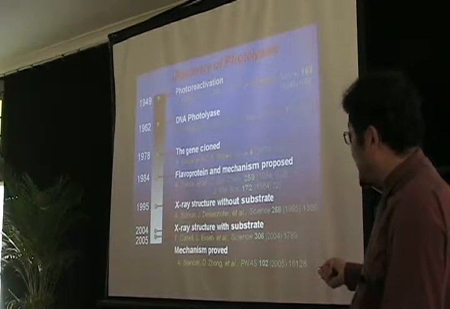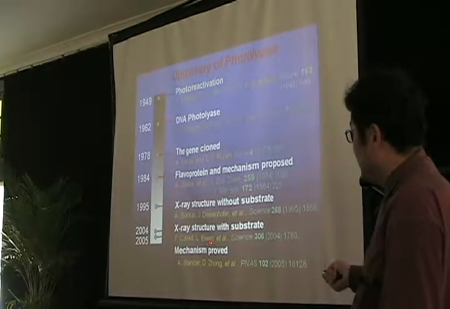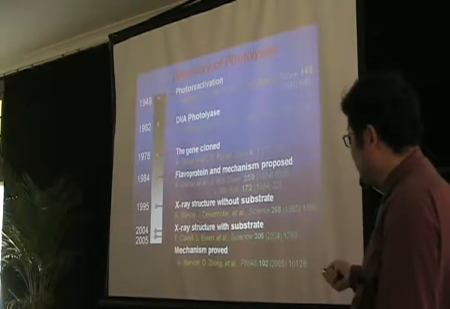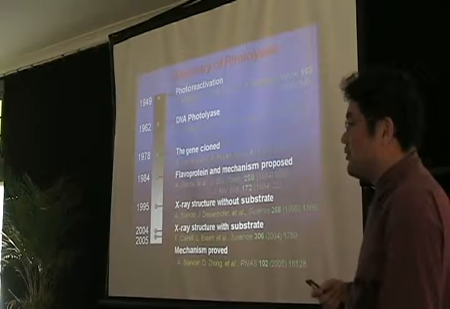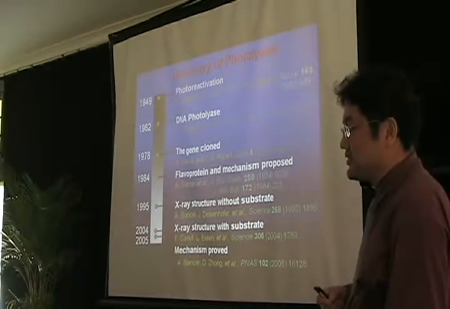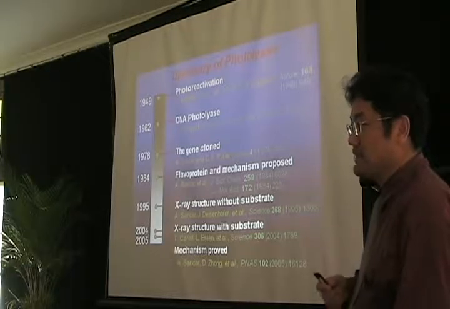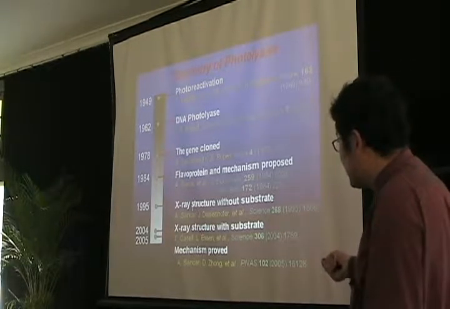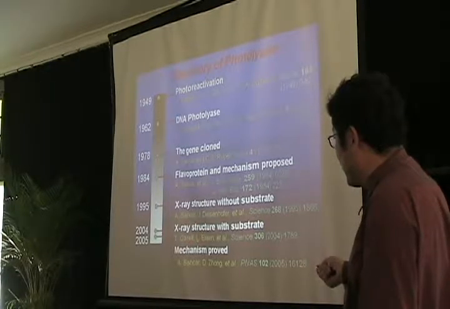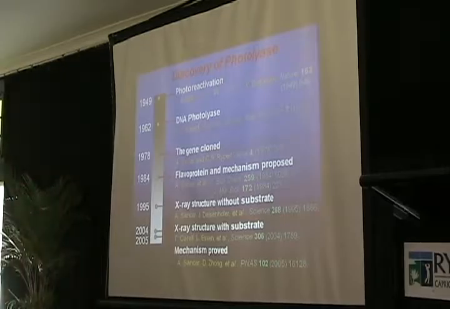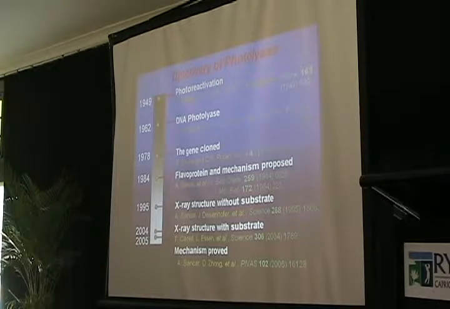It took another 10 years for people to finally crystallize this complex. When I say this, I always tell my students, you need good science, and it takes time. It's not 1 year, 2 years. Of course, I tell my students it's not 10 years, you need a couple of years. So it takes time. Unfortunately, we only solved the complete mechanism in the last 1 or 2 years.